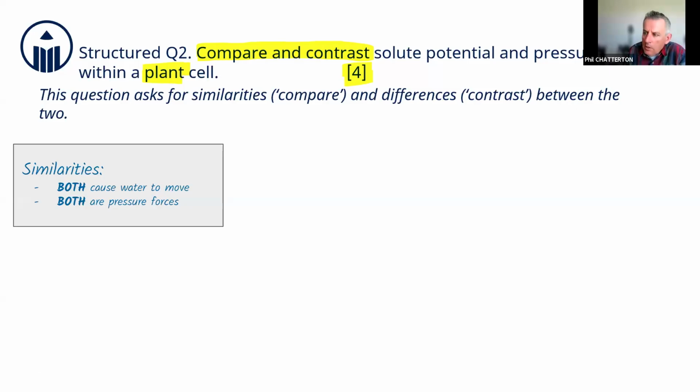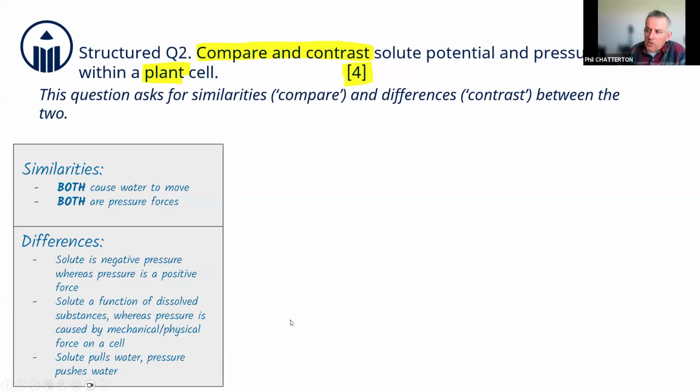Differences wise, you've got the idea that solute water potential is a negative pressure, whilst pressure is a positive force. So the pressure potential inside a cell is usually on a positive scale when that cell is exerting pressure on its cell membrane, or if it's a plant cell, pushing its cell membrane up against its cell wall to give the cell that turgidity that plant cells often require to be healthy or to support themselves.